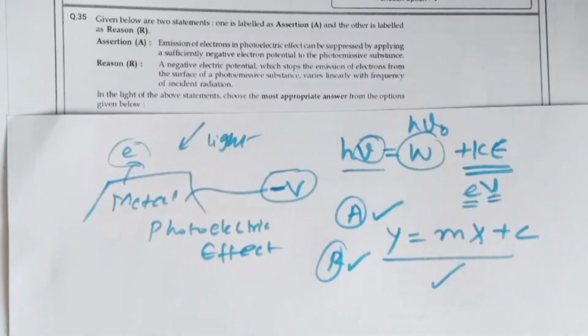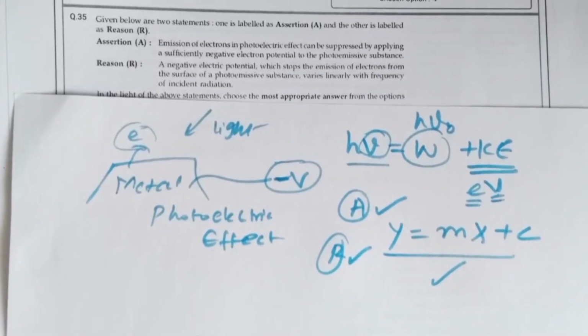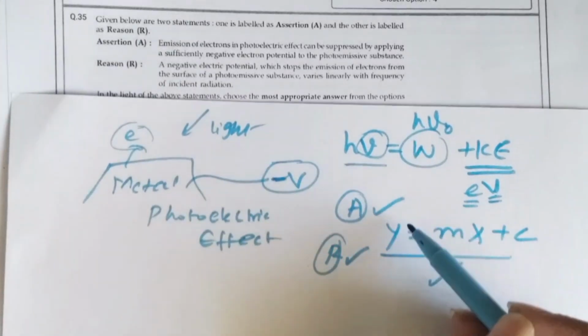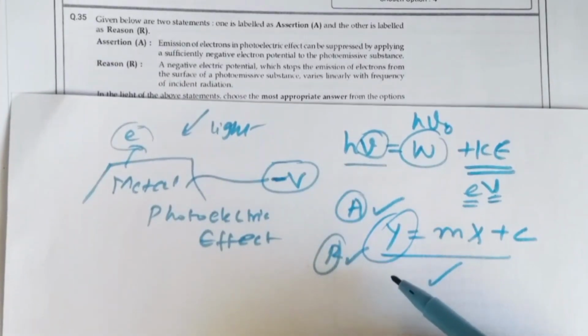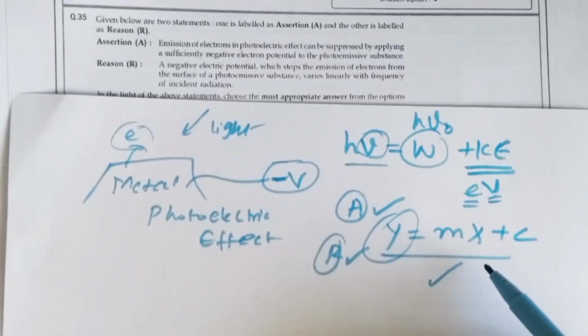Let us see it carefully. A negative electric potential which stops the emission of electrons from the surface of the photoemissive substance varies linearly with frequency of incident radiation. Correct, right? Because this is varying linearly with frequency of incident radiation.